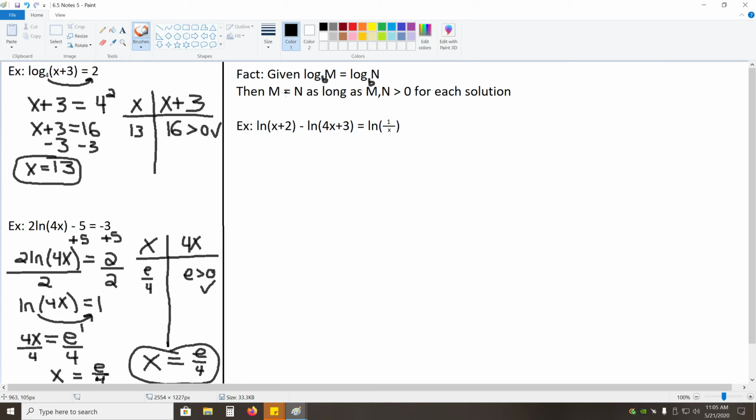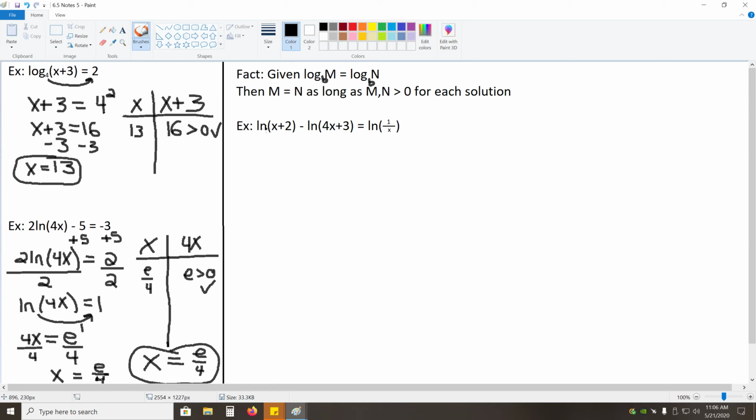The insides are equal to one another, as long as we make sure that m and n are greater than 0 for every solution. If they're not greater than 0 for every solution, then we omit the solutions that cause them to be less than or equal to 0.